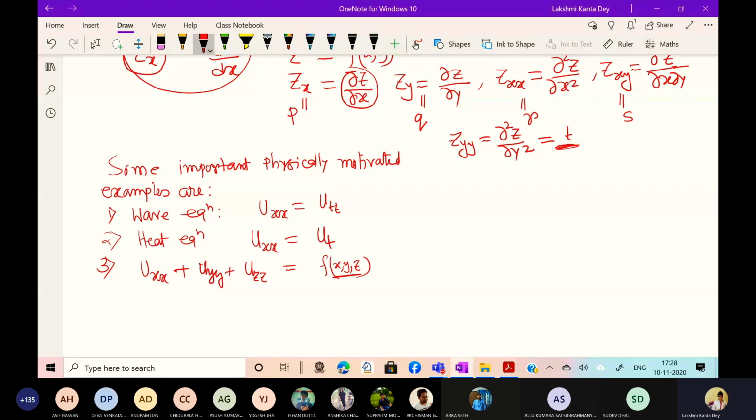So from the context we have to understand what is actually happening. And then there are several other important partial differential equations.